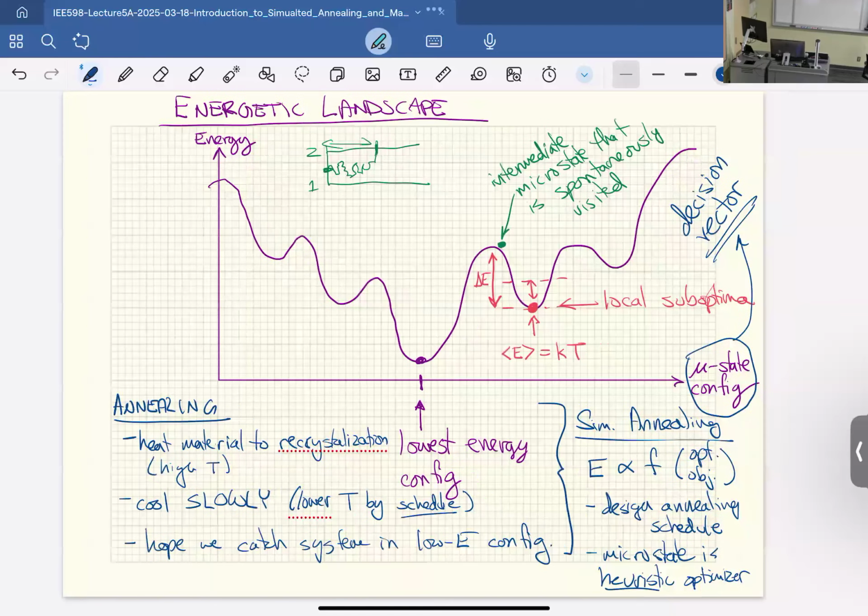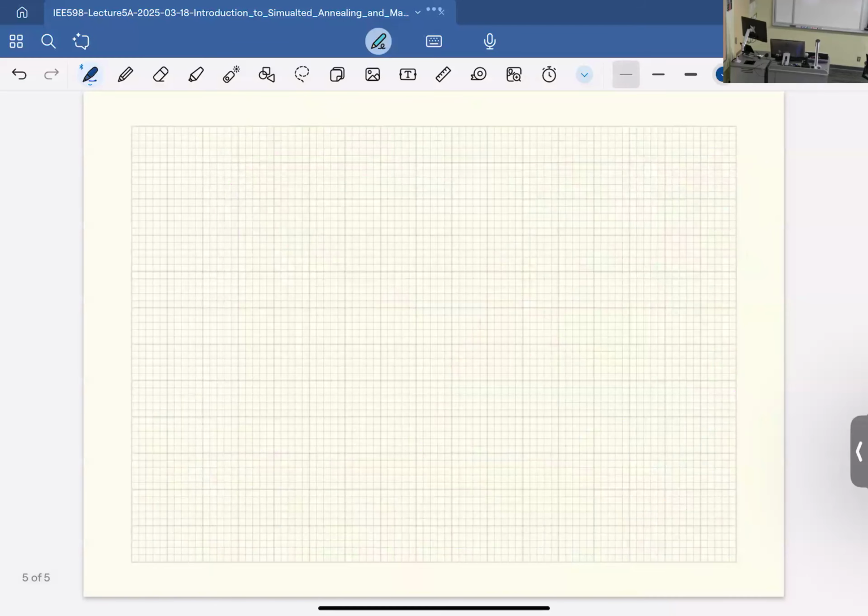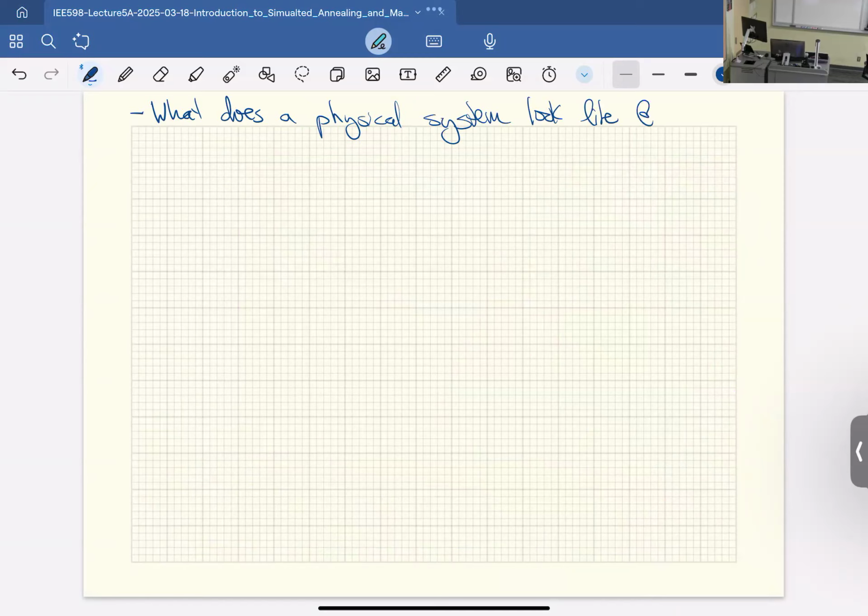Okay, so how do we get there? How do we mimic the physical principles of a process? So we're motivating this Boltzmann distribution. A question here is, what does a physical system look like at equilibrium, at a particular temperature?